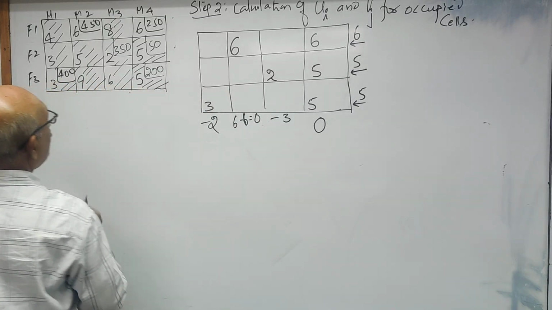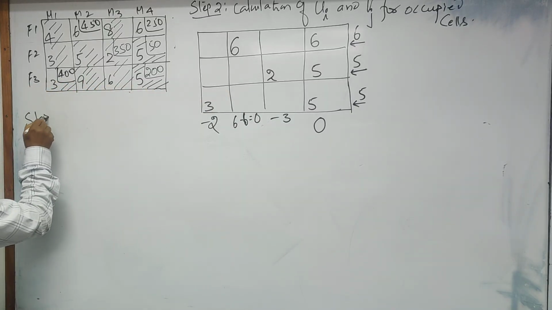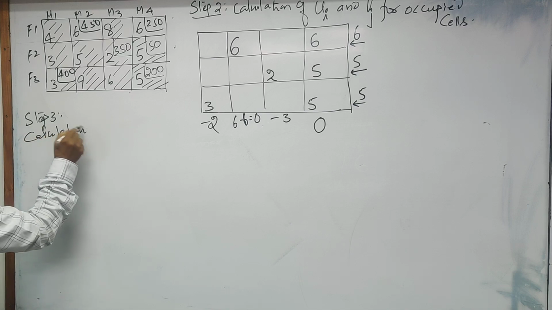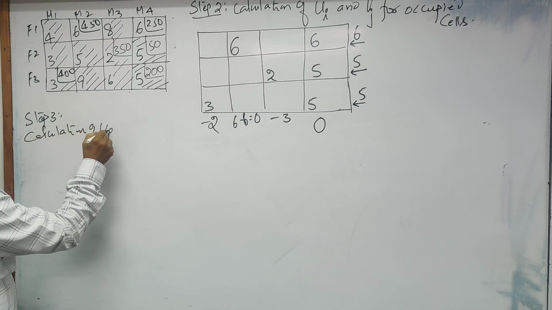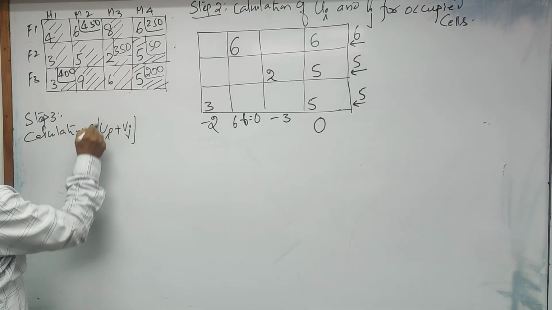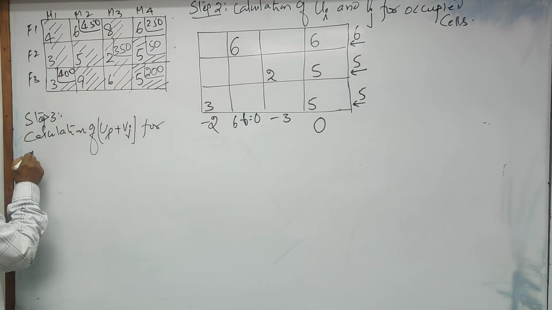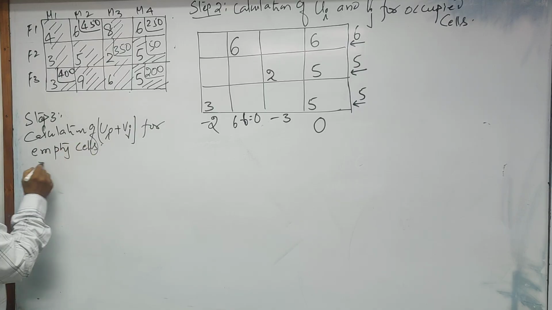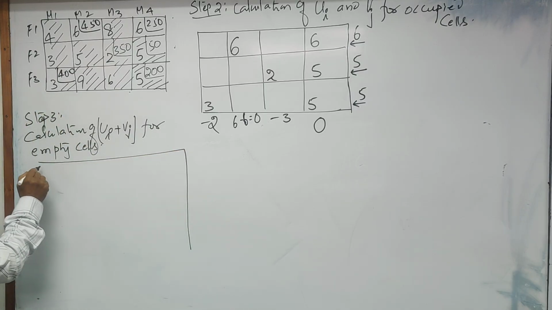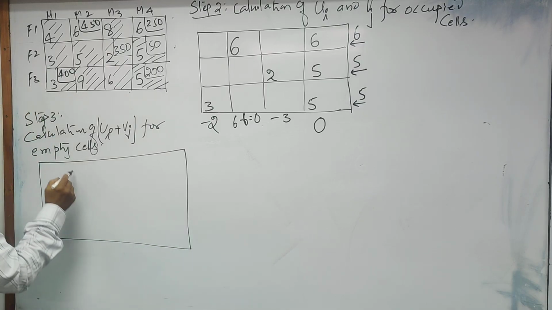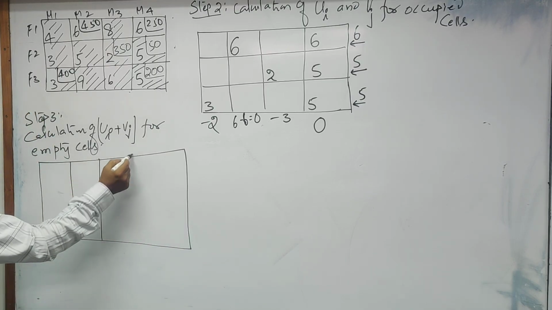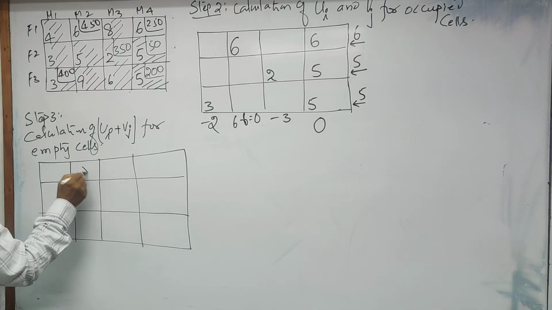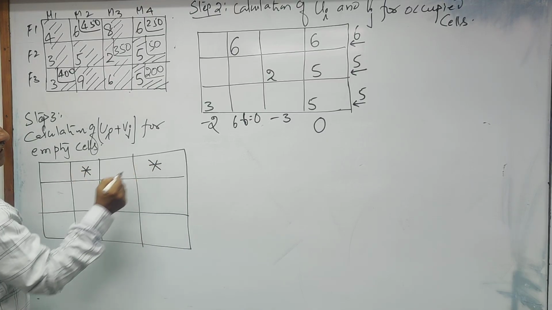So my next step is calculation of UI plus VJ for empty cells. Put an identification mark in the occupied cells.